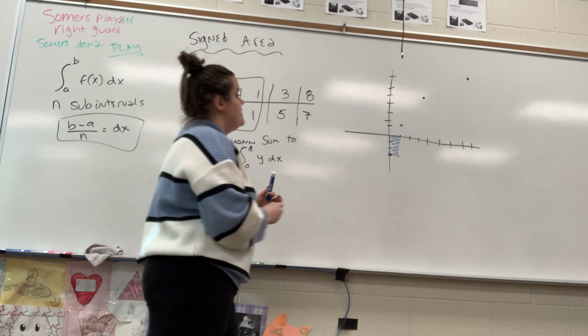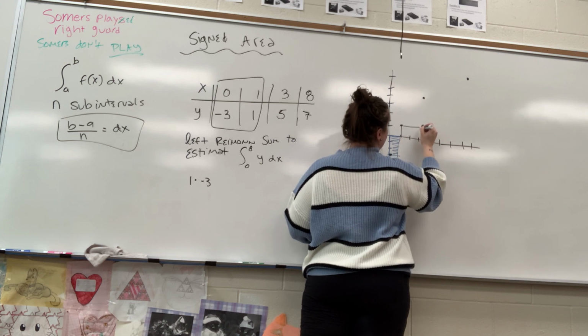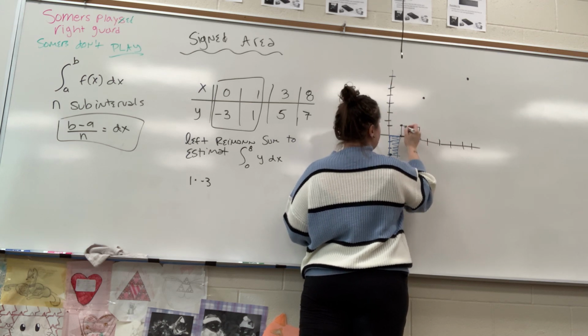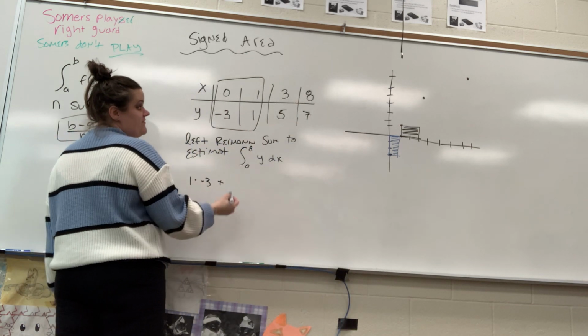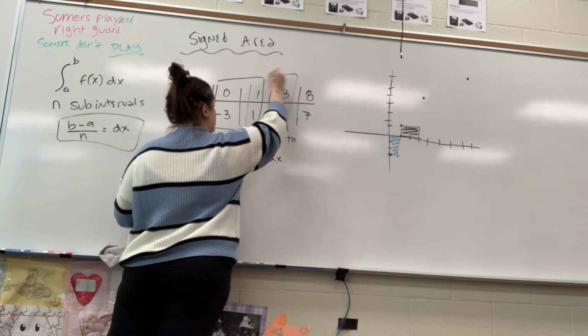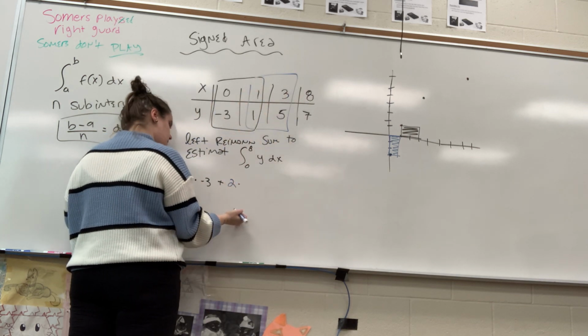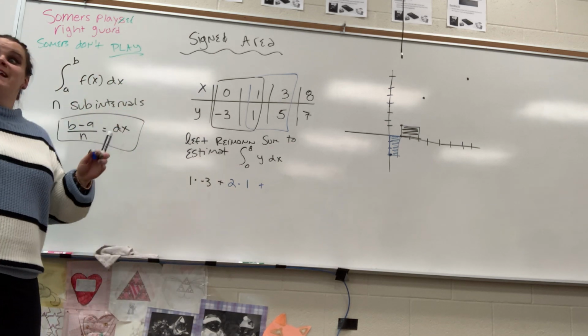Right? So then the next one would be from 1 to 3. So its dx value is 2, and how tall is it? 1. It's 2 wide and 1 tall.